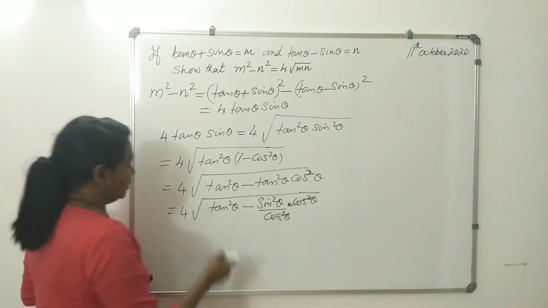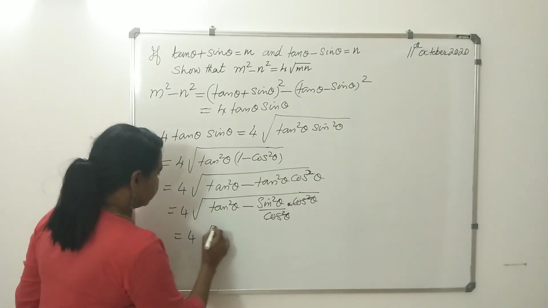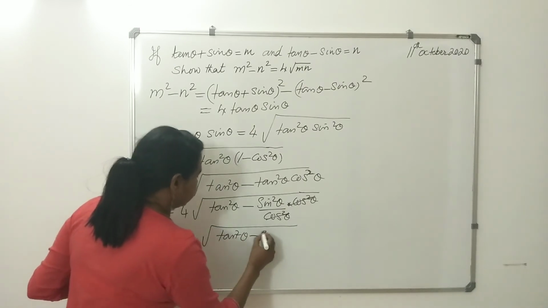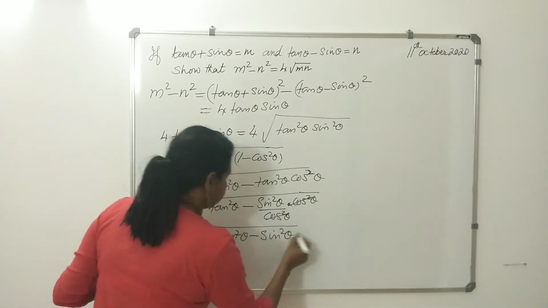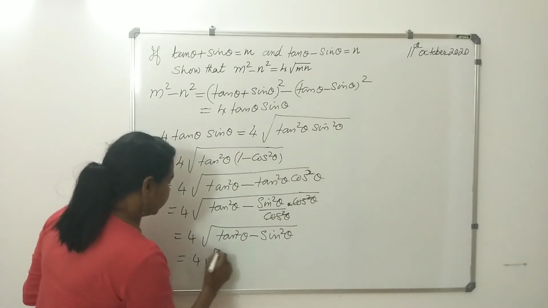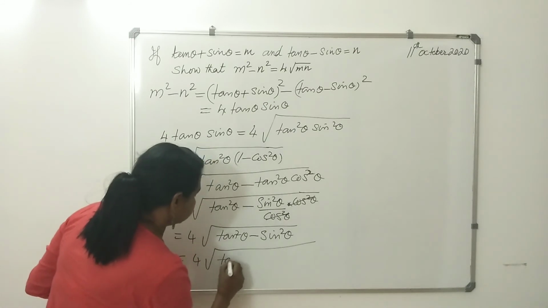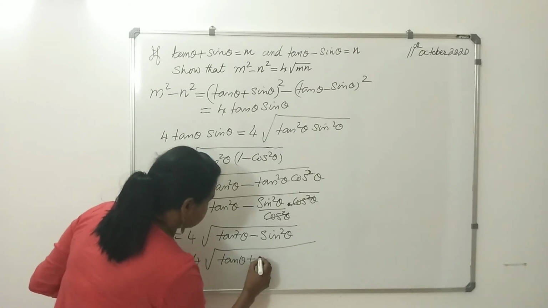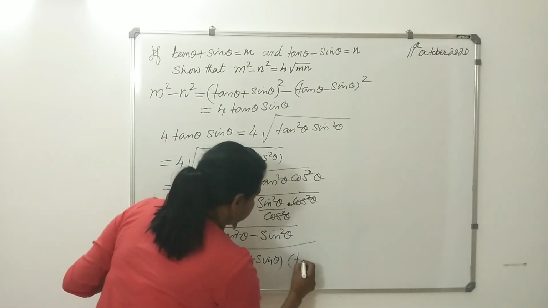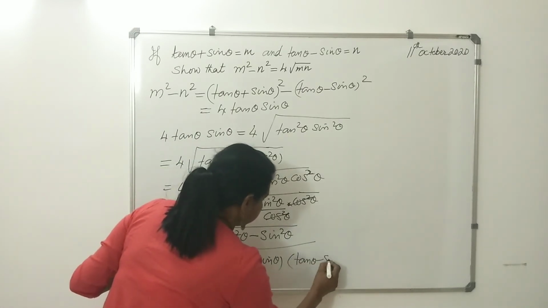We get 4 into square root of tan square theta minus sin square theta. This is a square minus b square. So you can write 4 into root of tan theta plus sin theta into tan theta minus sin theta. Okay.